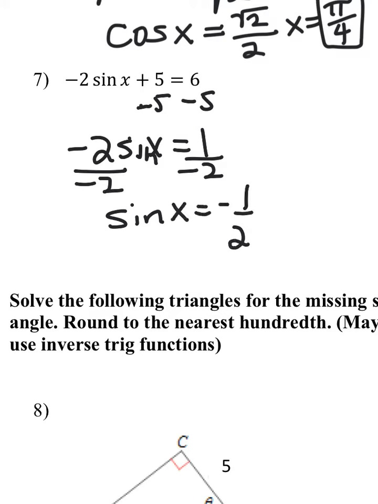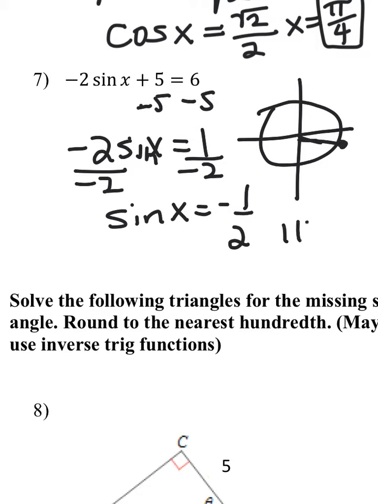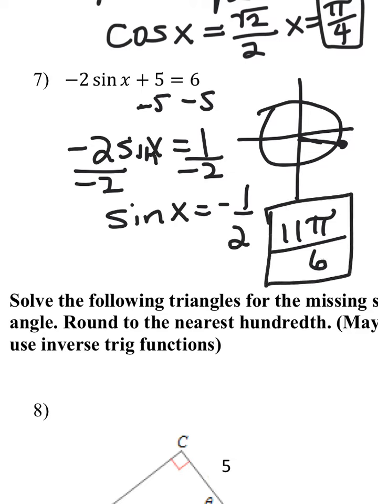And now I look at my unit circle to see where that happens. And that happens right here, and that is 11 pi over 6. That's where that happens. All right, next one.